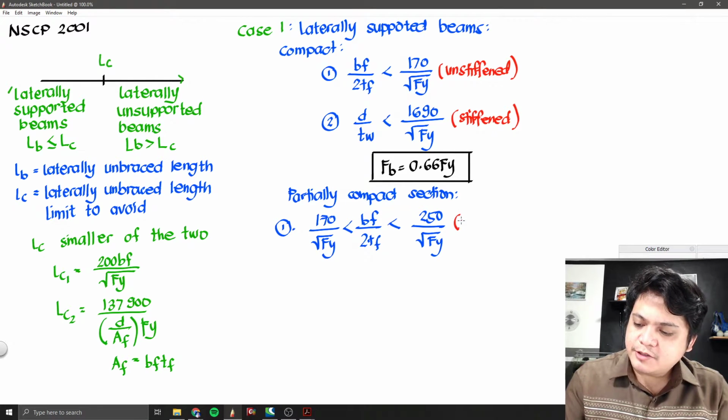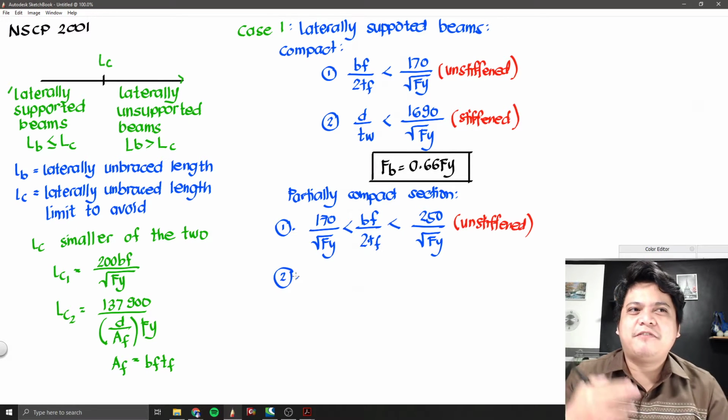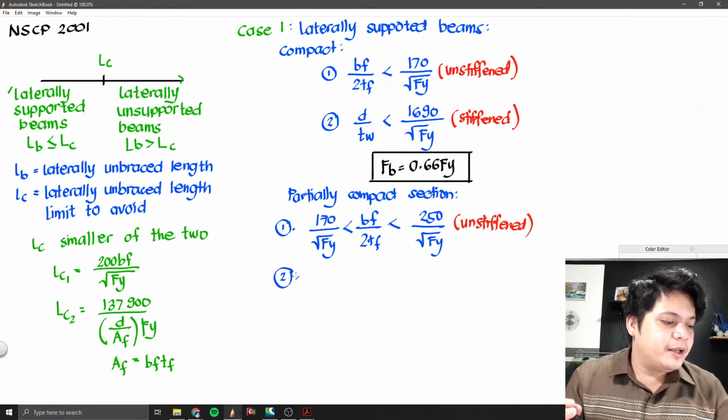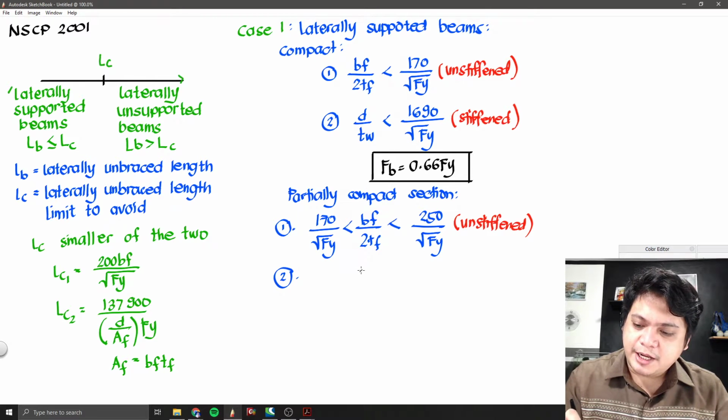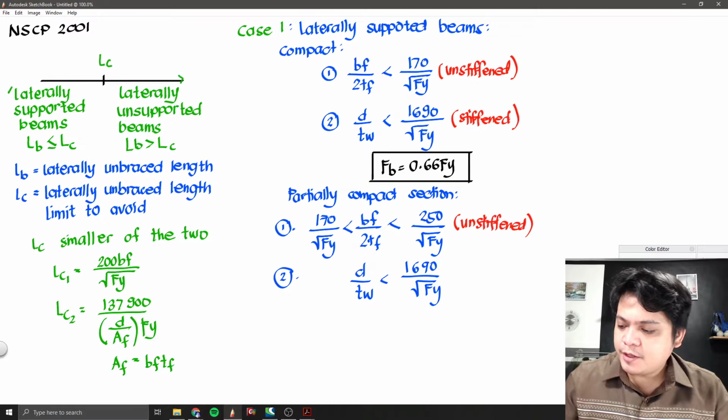This is for unstiffened. The stiffened element is sturdier, since it has two supports at each end, so its criteria remains D all over TW, 1690 all over square root of FY. This is for the stiffened element.